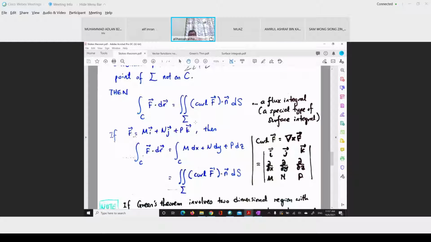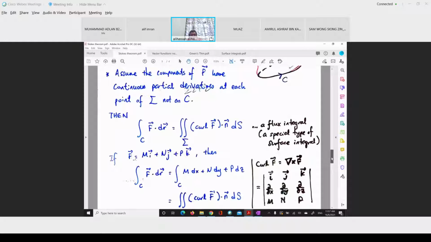But the integrand has a different form. It is the curl of a vector field F dotted with a normal vector n. This is something that I need to explain. The surface integral on the right here is also called a flux integral. So it is a special type of surface integral. This is what I need to explain next: the idea of a flux integral.